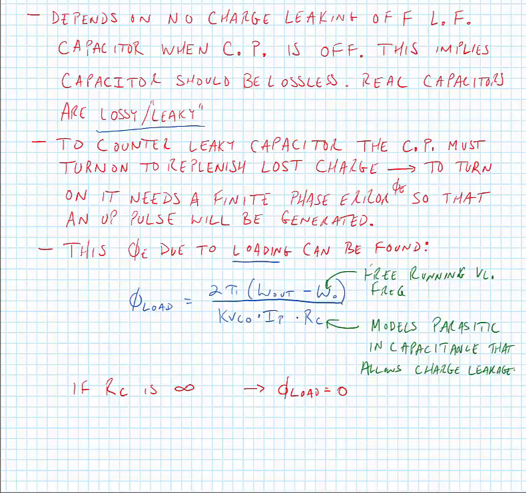So what we want to see with this resistance, and this would effectively be a resistance in parallel with a capacitor, is that if the resistance was infinite, in other words we had an open circuit, then this phi load term goes to 0.